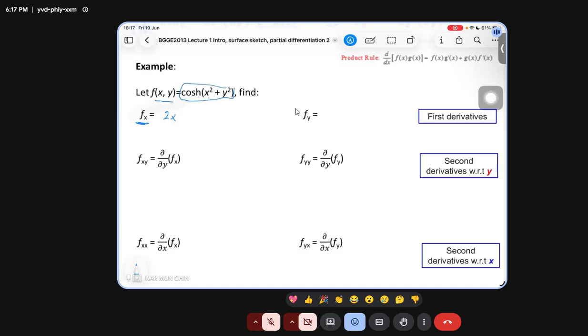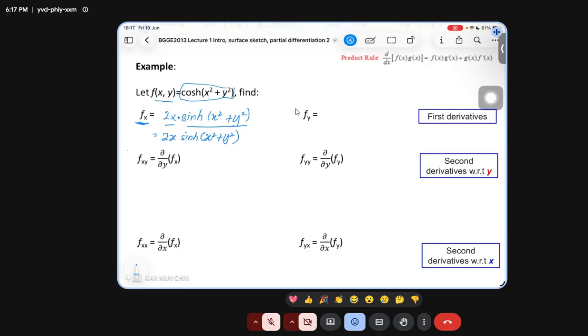The whole thing cos of x squared plus y squared becomes sine of x squared plus y squared. This is the first term and the second term. It's actually a multiplication, so the final answer will be 2x sine of x squared plus y squared.